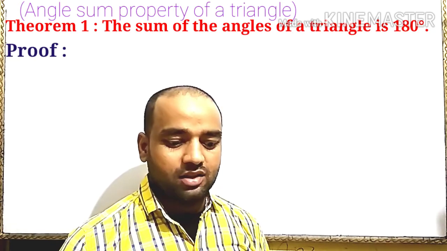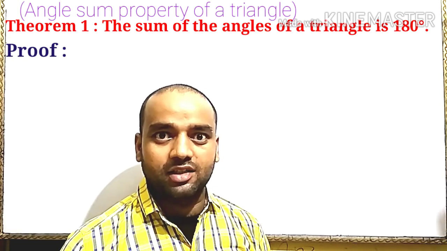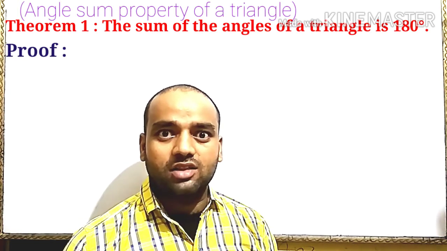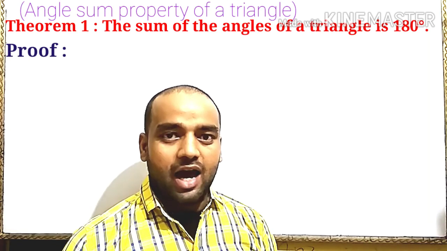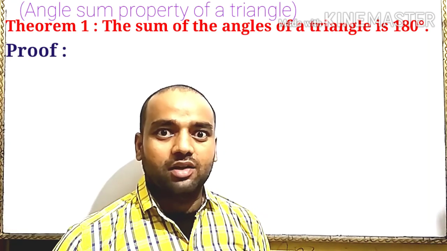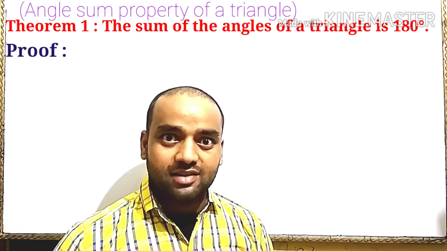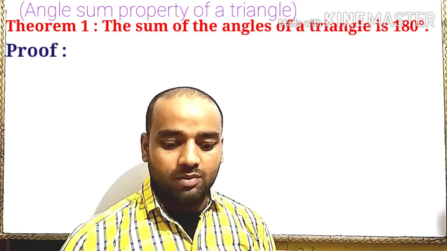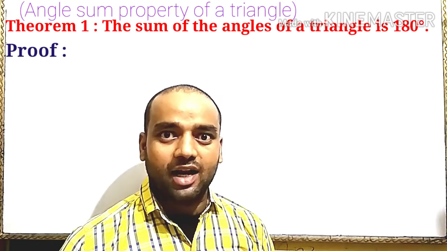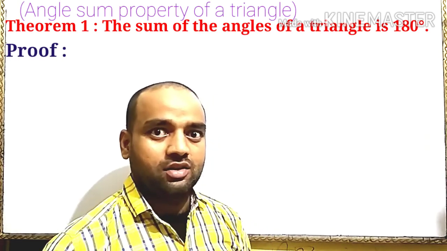Again, repeat: the sum of the angles of a triangle is 180 degrees. Another name for this theorem is the angle sum property of a triangle. If anybody asks you for some property of a triangle, you can say the sum of the angles of a triangle is 180 degrees. So let us prove it.